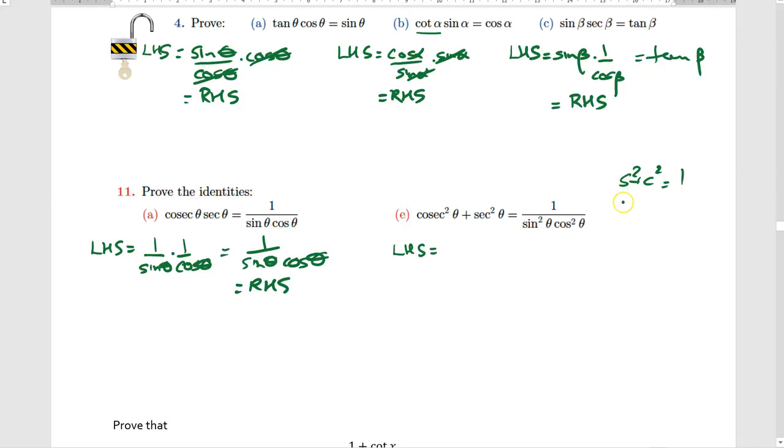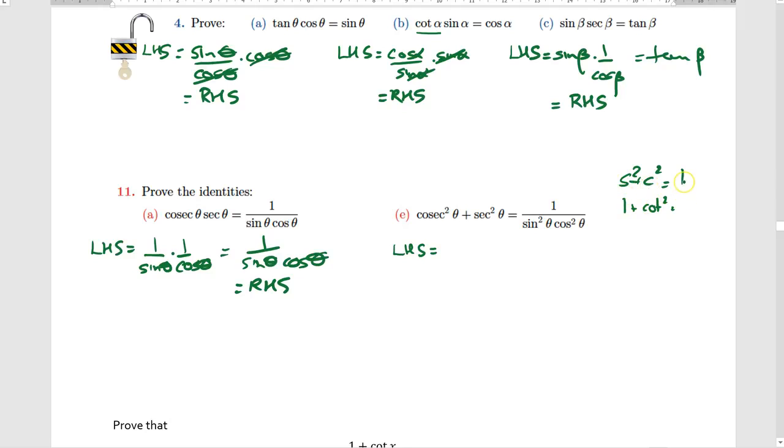If I divided both sides by sine squared, this will give me 1 plus cos on sine, which is cot squared, is 1 on sine squared.